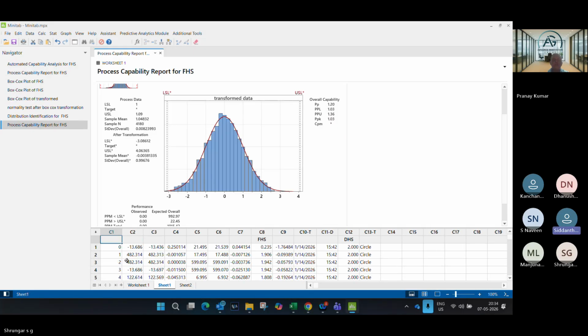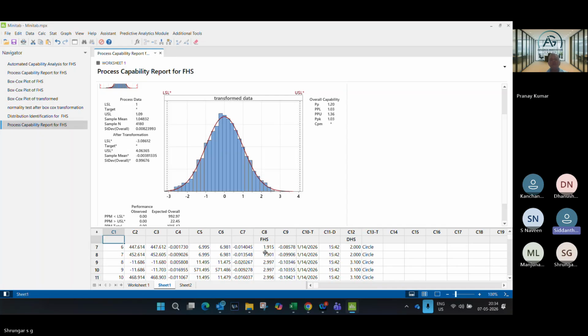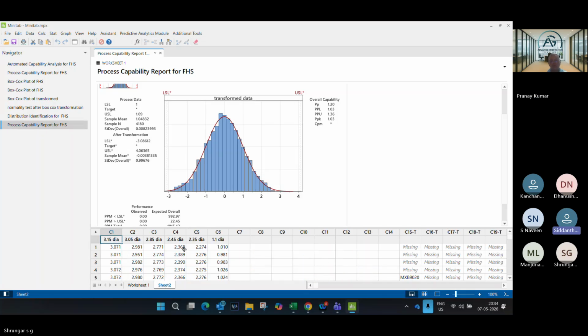Sir, another doubt. In Minitab, sometimes when we have non-normal data and take the non-normal capability check, it will only give PPK. And sometimes the customer asks for CPK, he doesn't require PPK.